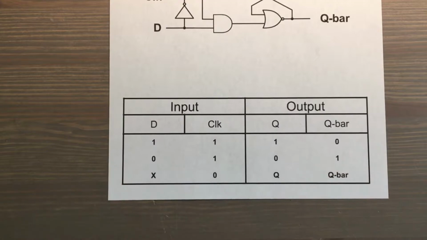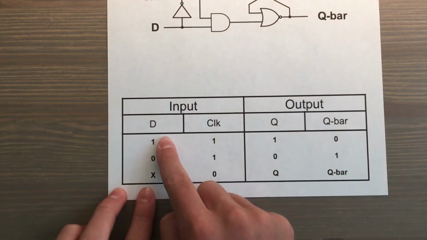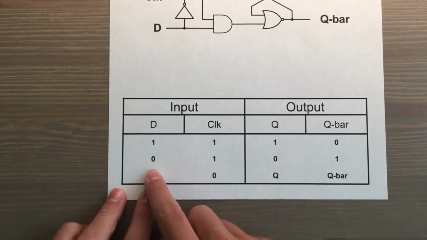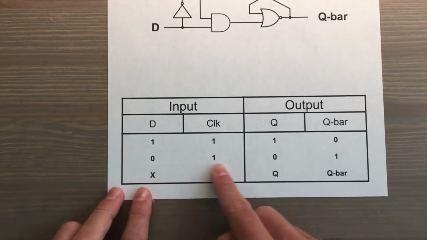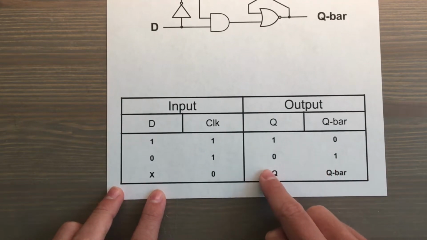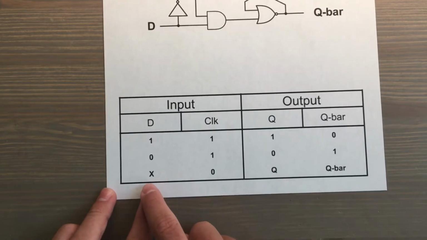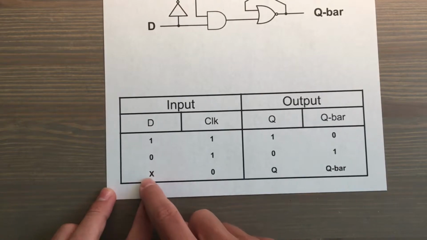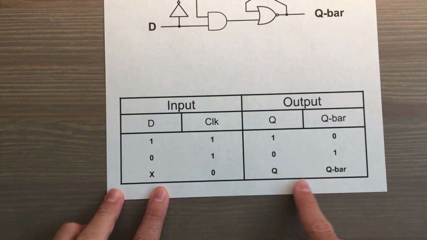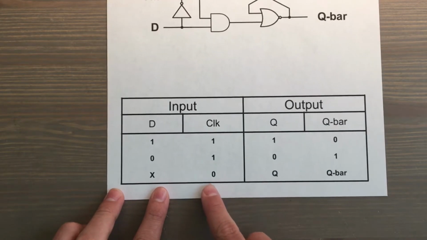So if we look at our table here, if the D input is 1 and the clock is 1, Q will be 1. If the D input is 0 and the clock is 1, then our Q bar will be 1 and Q will be 0. And then, regardless of what D is, if our clock is 0, our output will simply be what it was before we changed the clock to 0.